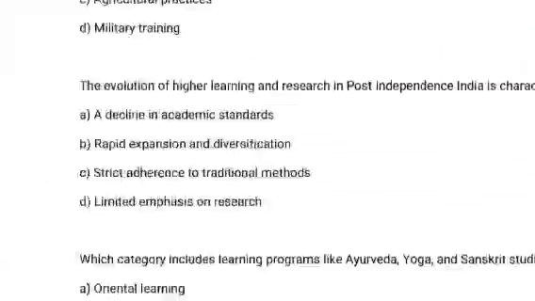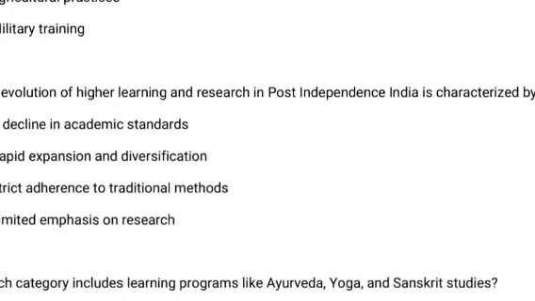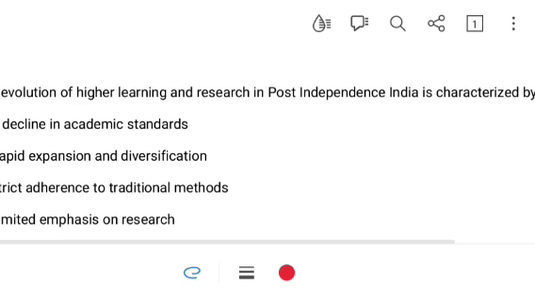Then, the evolution of higher learning and research in post-independence India is characterized by what? A decline in academic standards, rapid expansion and diversification, strict adherence to traditional methods, limited emphasis on research. So it will be rapid expansion and diversification.